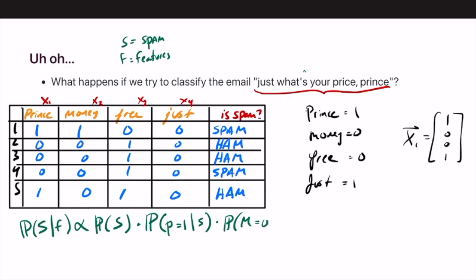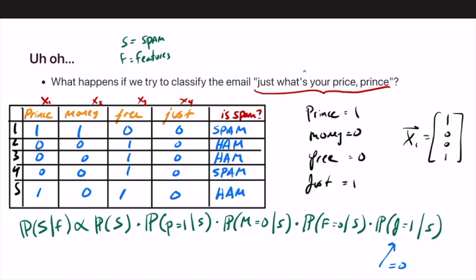And that's going to be a 0 because you didn't have any occurrences of it, given spam, times the probability of free equals 0, given spam, times the probability of just equals 1, given spam. And these numbers don't really matter because this guy over here equals 0.